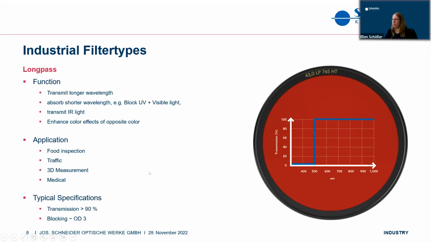Long pass filters can be used maybe for food inspection or in traffic applications, of course, in 3D measurement or in medical applications. There's a wide spectrum, I would say, where you could use long pass filters.